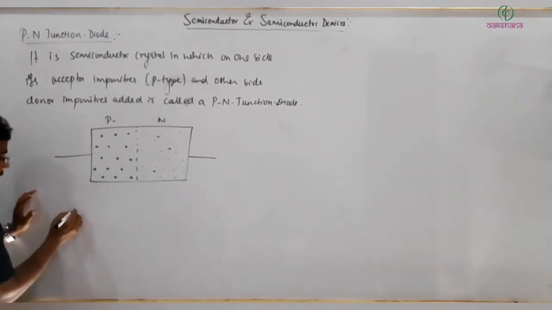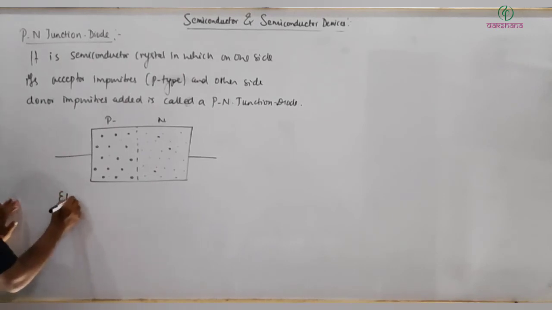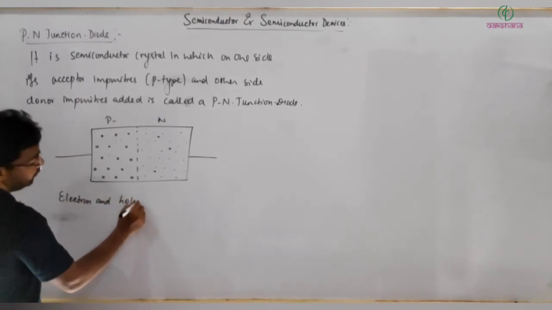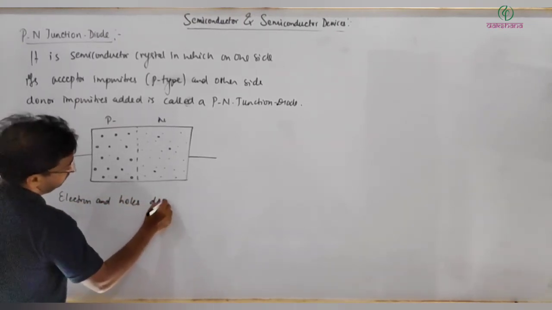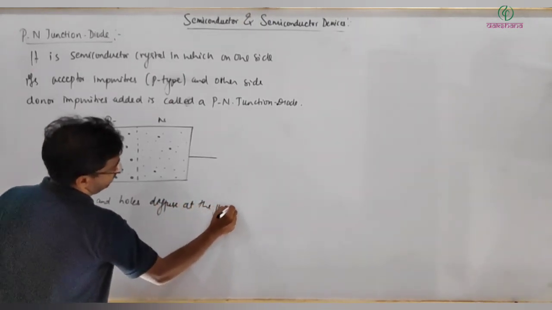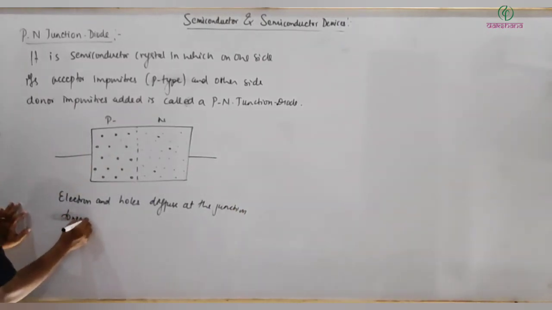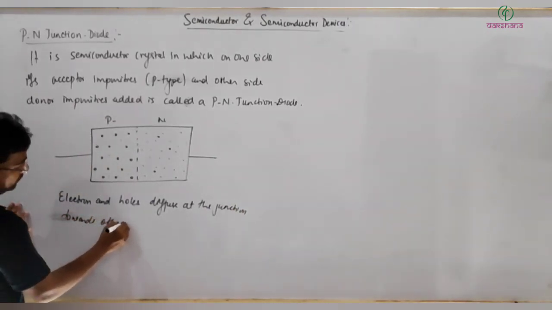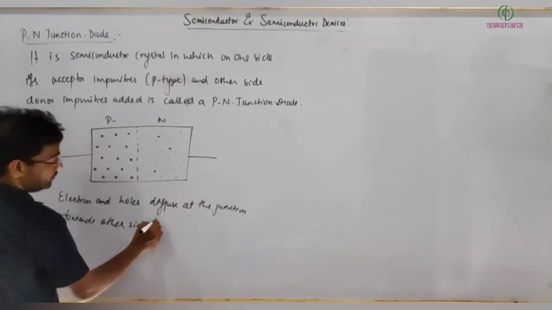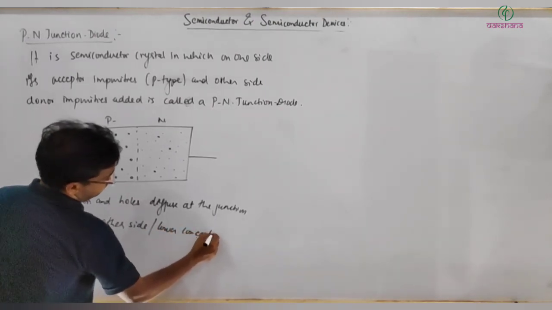So what happens after some time is that electrons and holes at the junction diffuse towards the other side, or you can say the lower concentration side.